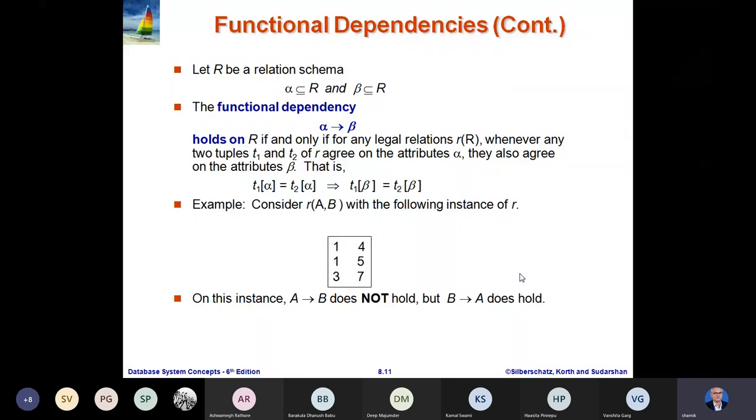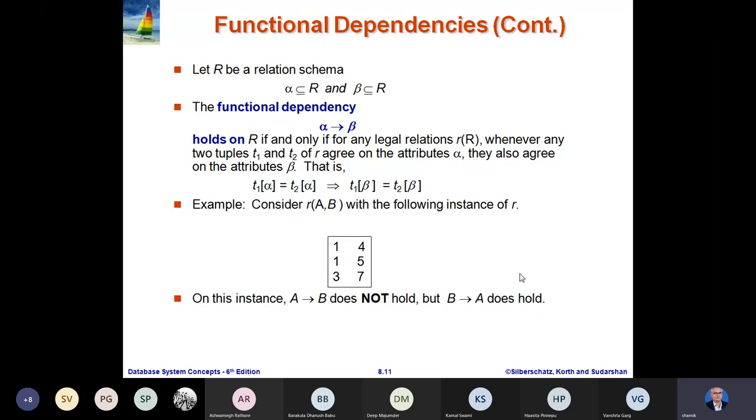But we see that from B to A, if these 4, 5, 7 are unique, then the corresponding values of A are also unique. So the functional dependency B to A holds. But what is more important is this: suppose next time I add one more row, say 6 7, then B to A will not hold.